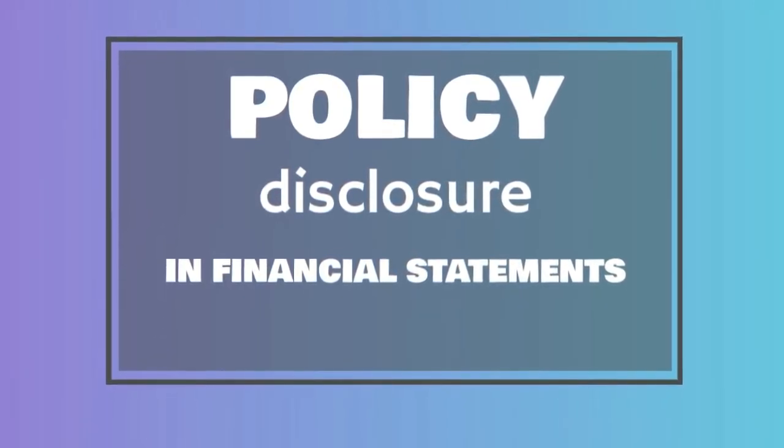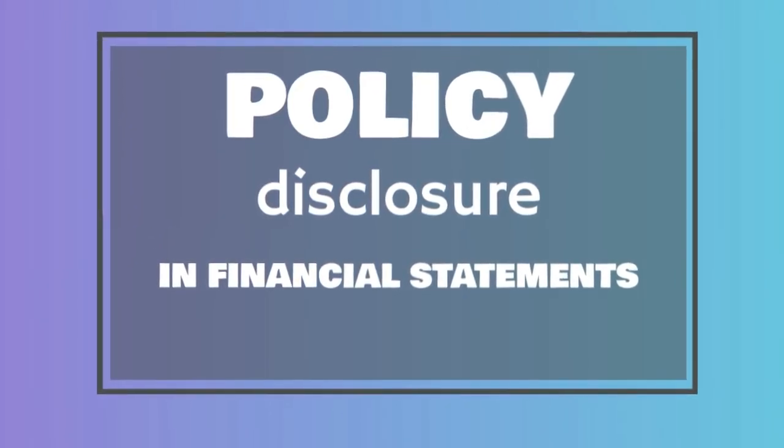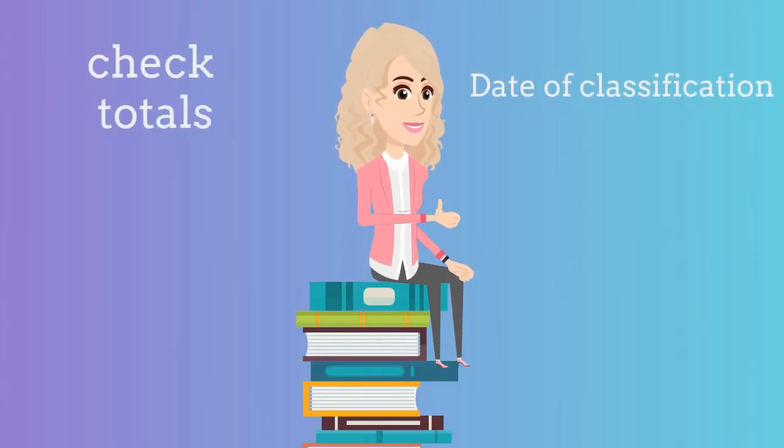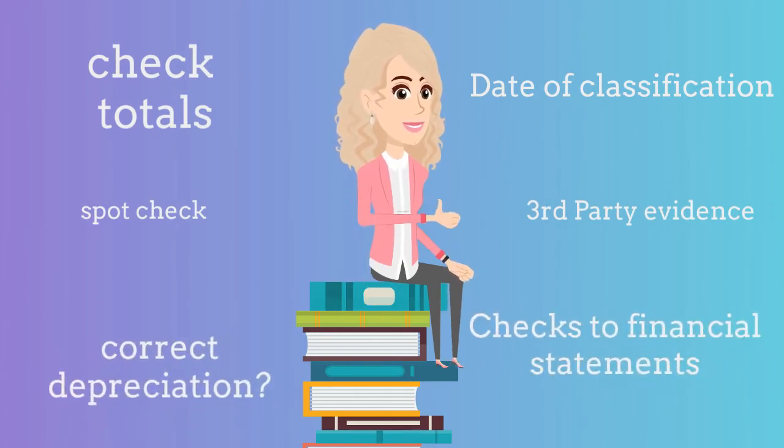And when you look at the fixed asset register, you are checking for accuracy again and for disclosure that actual depreciation method has been put into place. So you're going to have an issue if they've labelled in their accounts that they're using the straight line method, and then when you're looking at the actual fixed asset register, that they're using the reducing balance method.